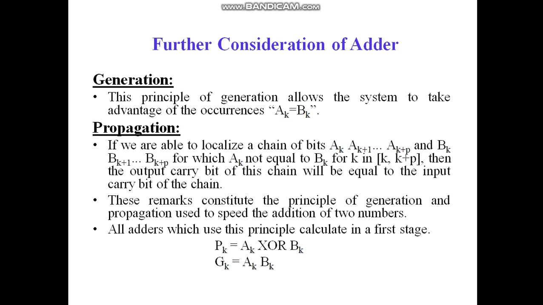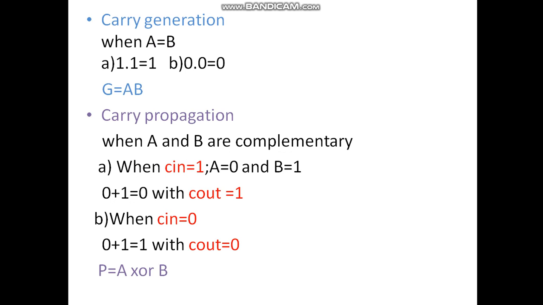We make use of two concepts, that is carry generation and carry propagation. In carry generation, it takes the advantage of the occurrences of Ak equal to Bk. So here you can see when a carry is generated.